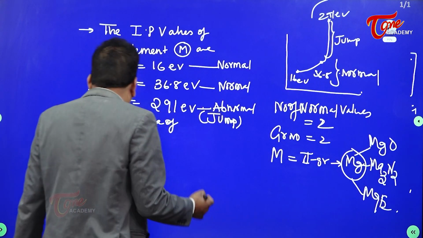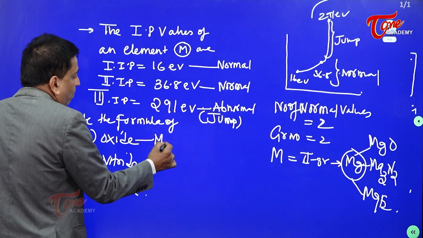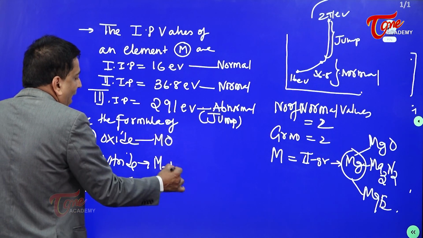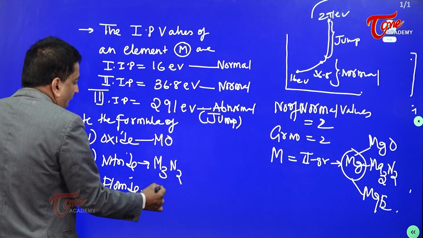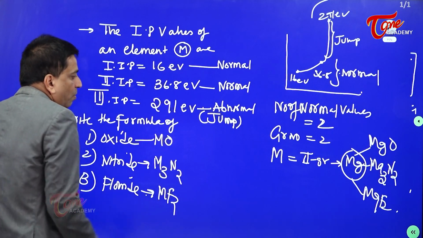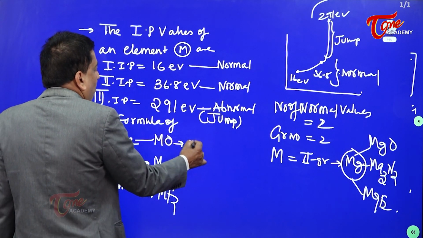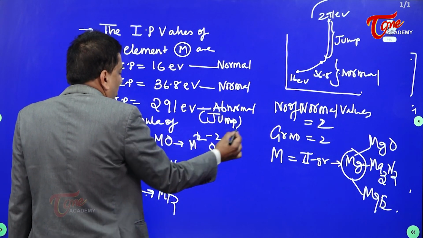For the metal M, you can write MO, M3N2, and MF2. You must understand MF2, right? This is nothing but M plus 2 and O minus 2.